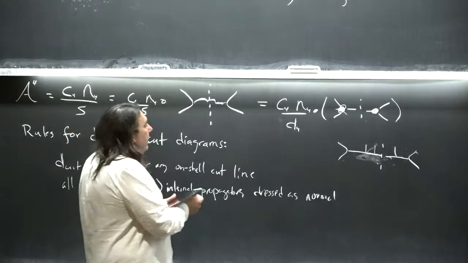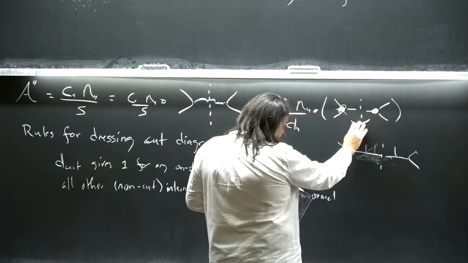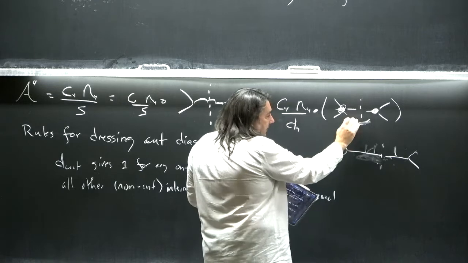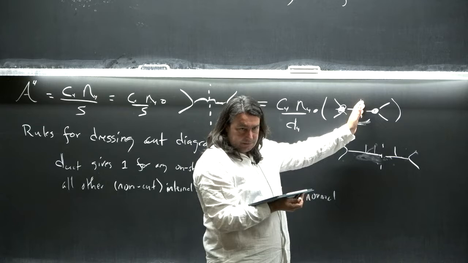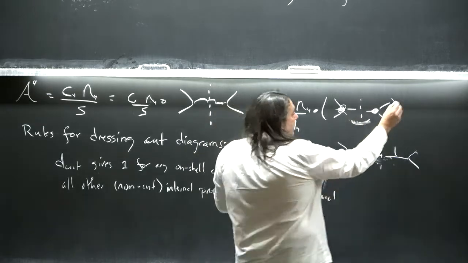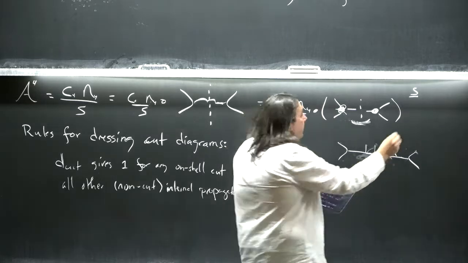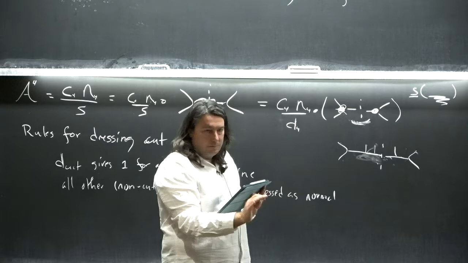So what could I possibly be missing for the dressing of this graph from Feynman rules after I impose cut conditions? Only things proportional to the channel I'm cutting. So those are the only errors I could be making, modulo Feynman rules.